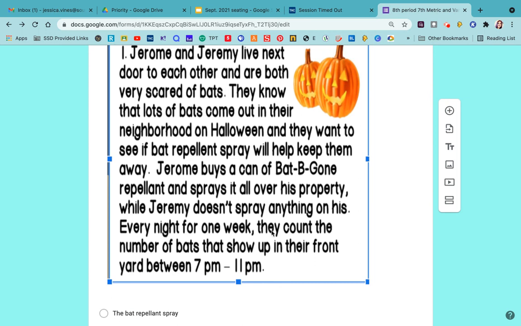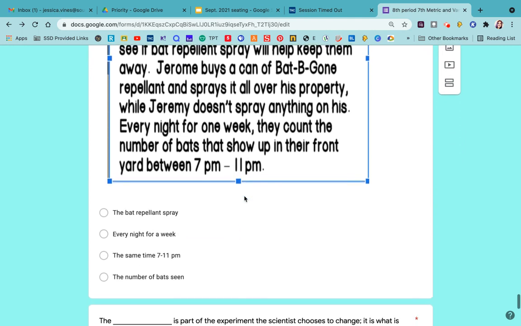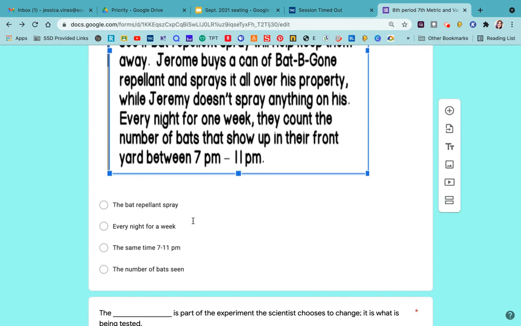Every night for 1 week, they count the number of bats that show up in their front yard between 7 and 11. So, what is the dependent variable in this bat experiment? The bat repellent spray, every night for a week, the same time, 7 to 11 p.m., or the number of bats seen?